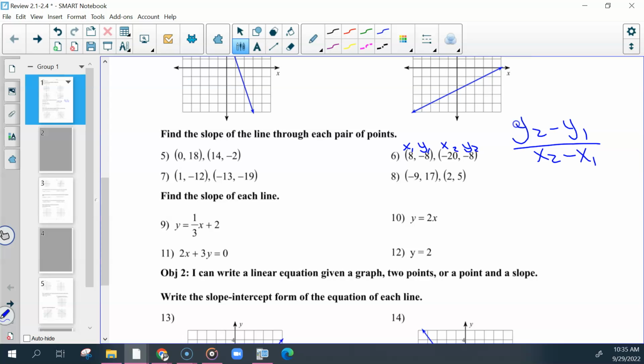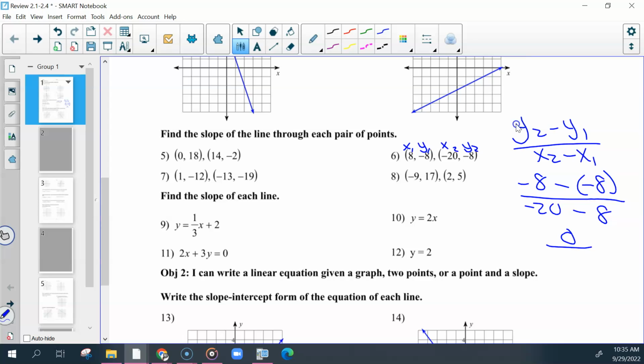So y2 is negative 8. We're subtracting a negative 8, all over x2 is negative 20, x1 is 8. We're subtracting. Simplify your numerator and your denominator. Negative 8 minus a negative, that's going to become a plus.